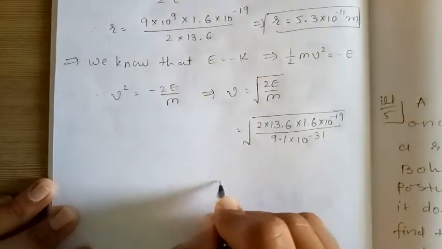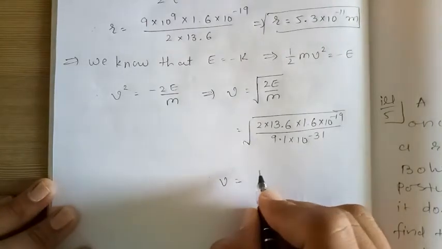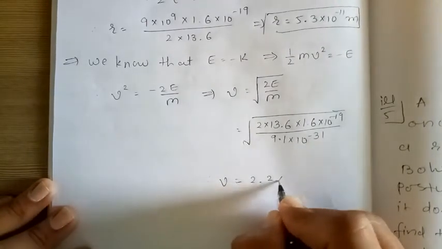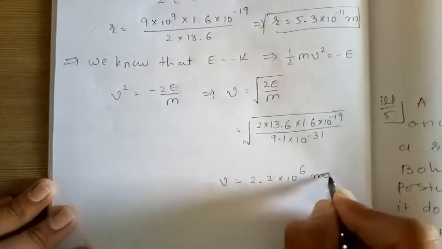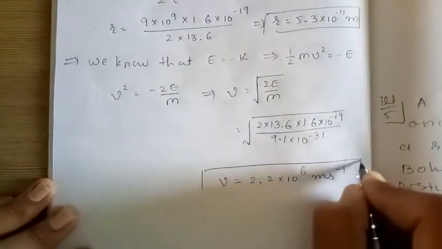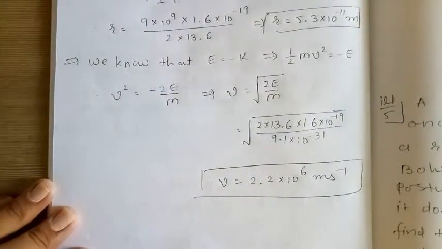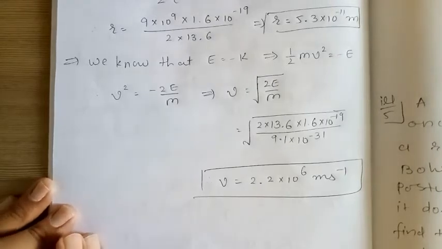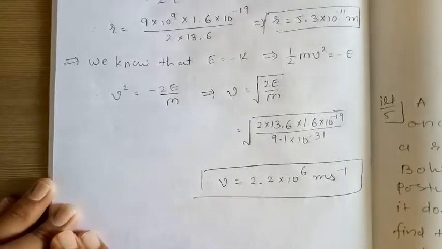So finally we get the value of v is 2.2 into 10 raised to 6 meter per second. So if we know the formula, we can easily find out the values of orbital radius and the velocity.